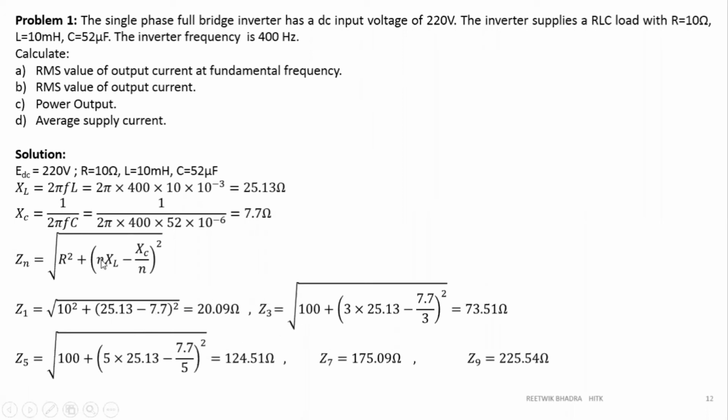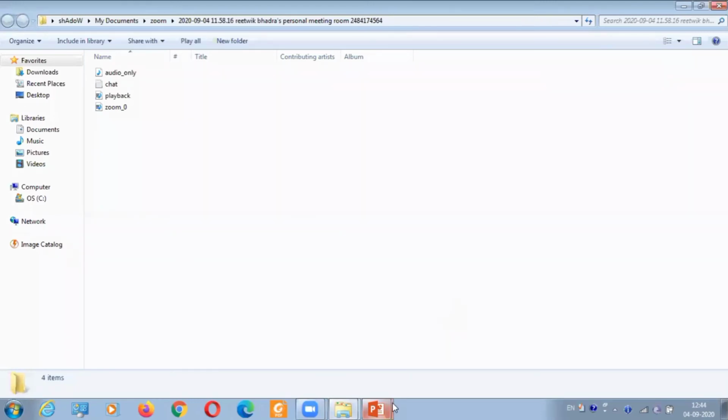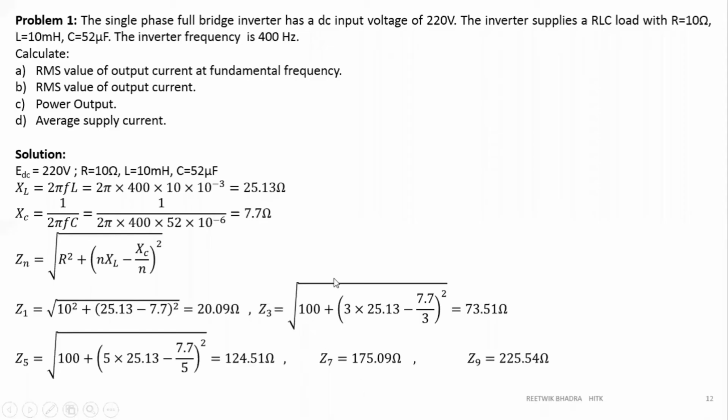This n will be replaced by 3: 3 into 25.13 minus XC, 7.7 divided by 3, whole square, equal to 73.5. Now for Z5, you replace all n by 5. Calculate your values. Similarly, you can find Z7 and Z9.